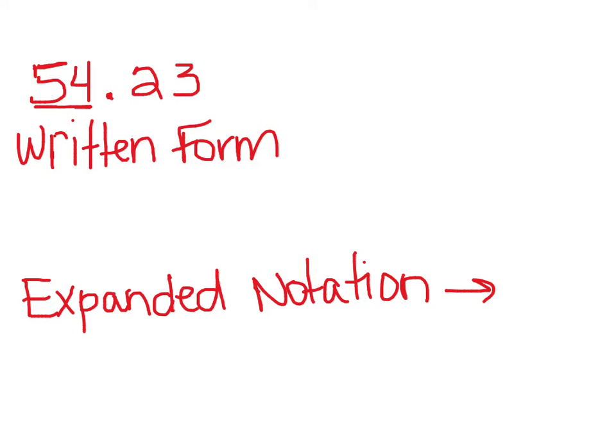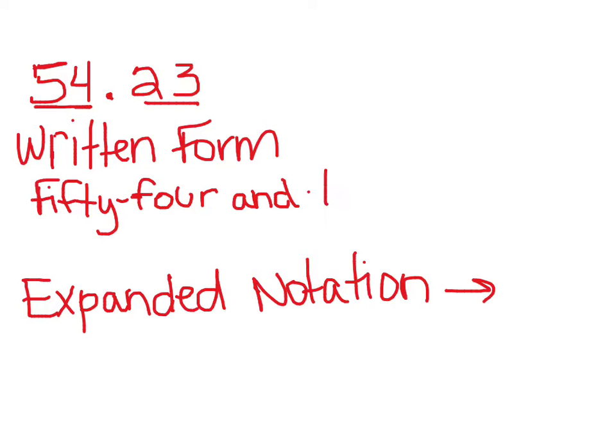So you write it 54, and that's a whole number. Okay, the decimal says "and", and then 23. And then the 3 ends in the hundredths place, so it's 54 and 23 hundredths.